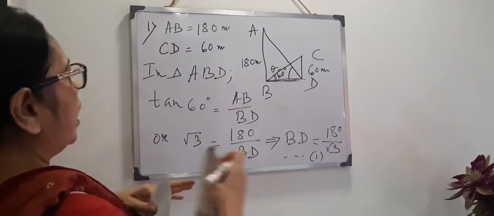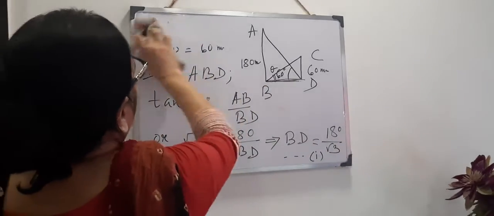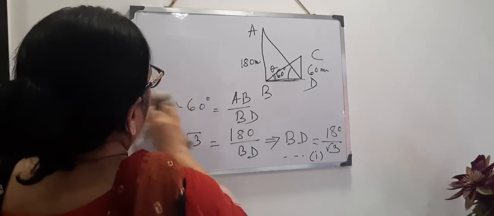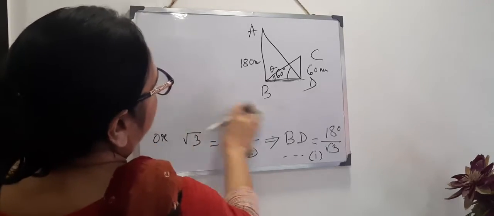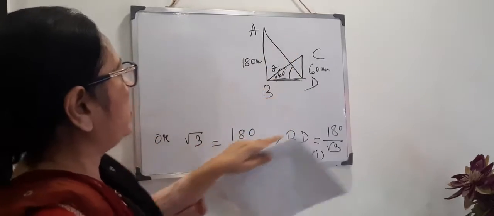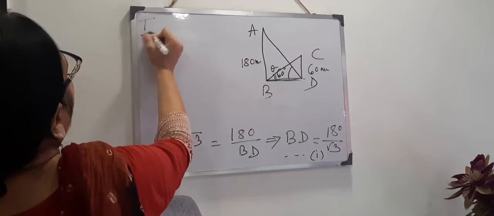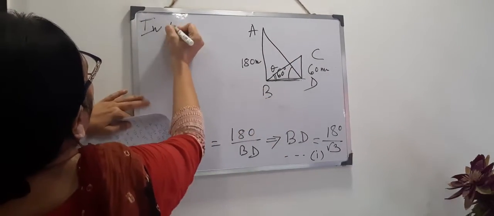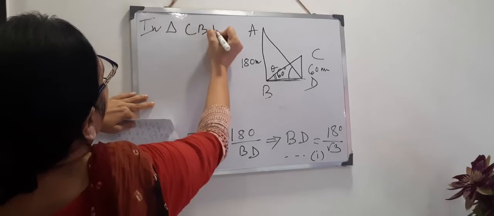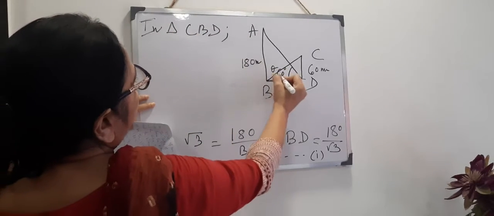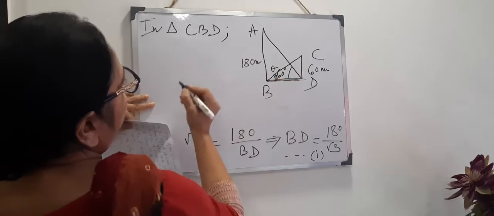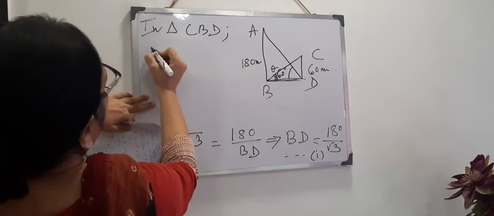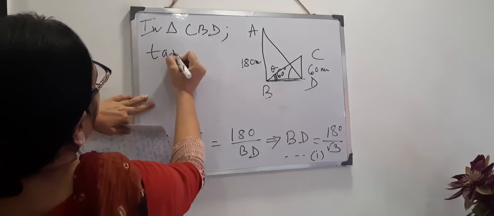Clear? Now from second triangle, that means triangle CBD. In triangle CBD, this angle not given, we have considered it as theta. So we will write tan theta.